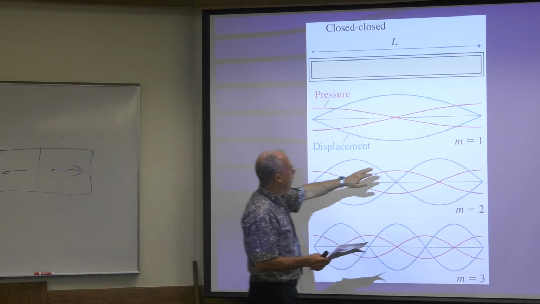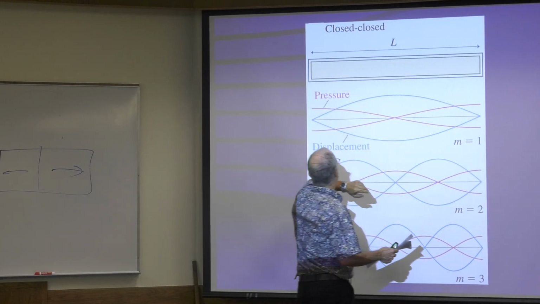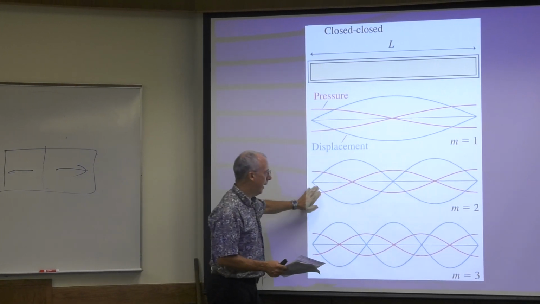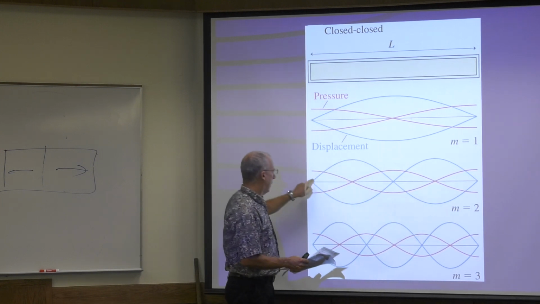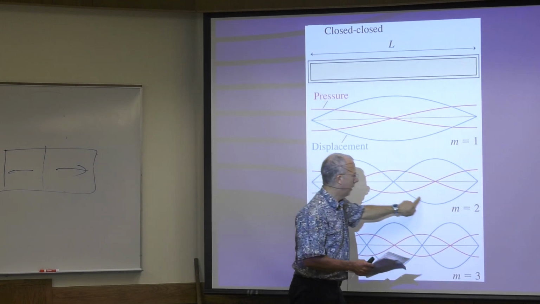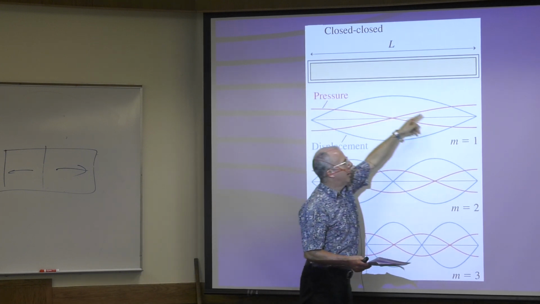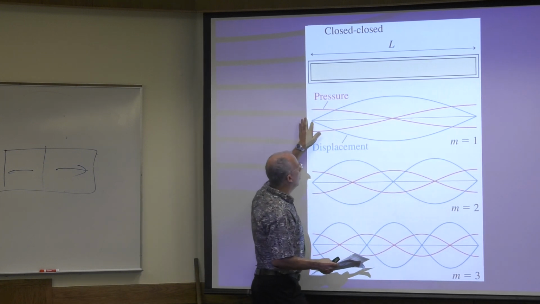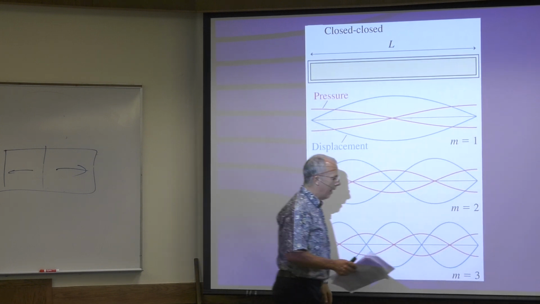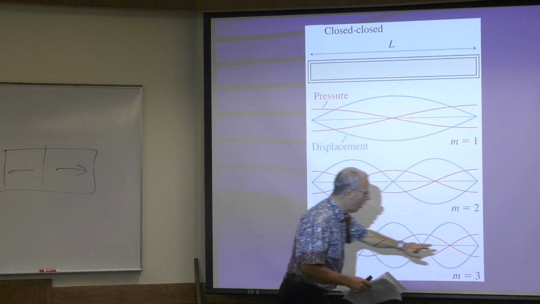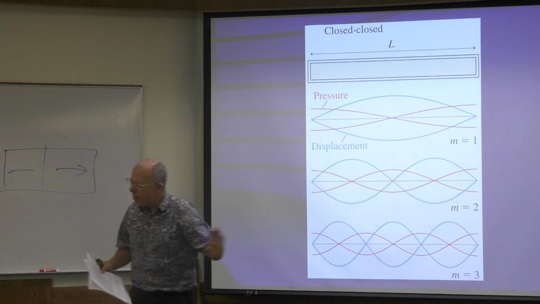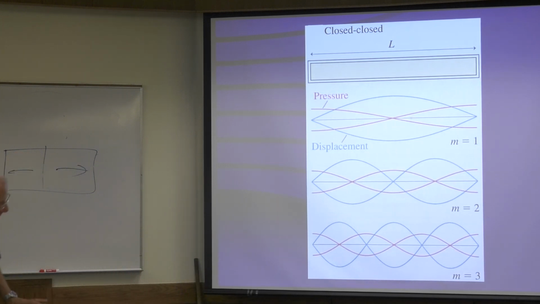So this is the m equals 2 we just talked about. So for m equals 2, here's the displacement graph in the blue. Well, what's it going to be for m equals 1? Node, node. What's going to be for m equals 3? Node and node. Now, you don't have to memorize this. It's simple to think about.